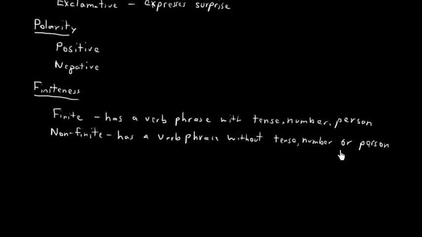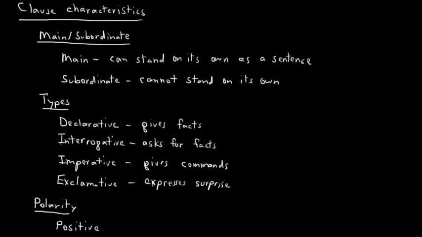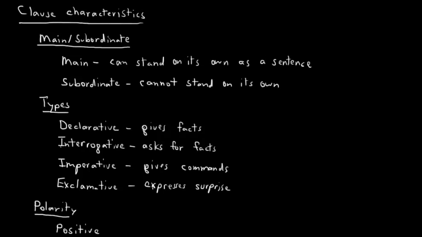Okay? So, in the beginning, this won't mean much, because as we start out, we're going to be talking about main declarative or main interrogative sentences primarily, and all main declarative or main interrogative sentences are finite.